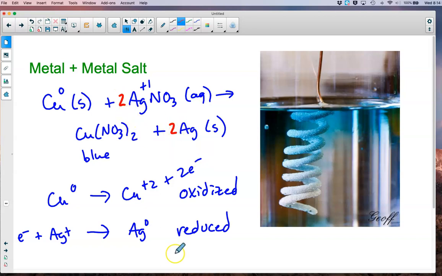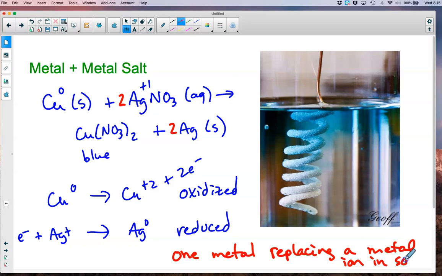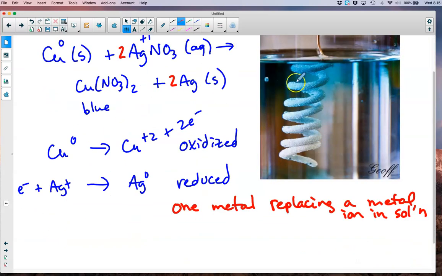So this is one metal replacing another in solution. And the visible sign that we're looking for is the copper is going to completely dissolve, so we'd actually see a color change, and we see a new metal forming.